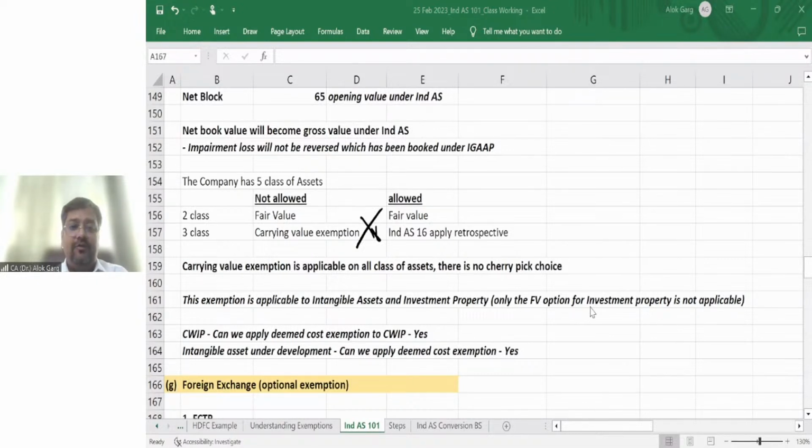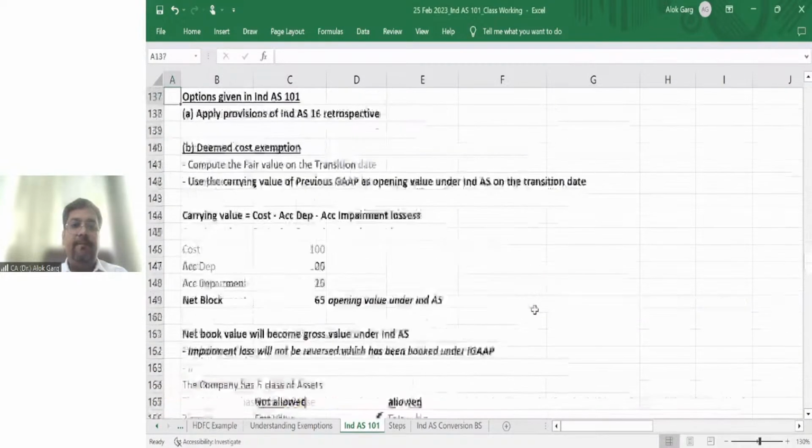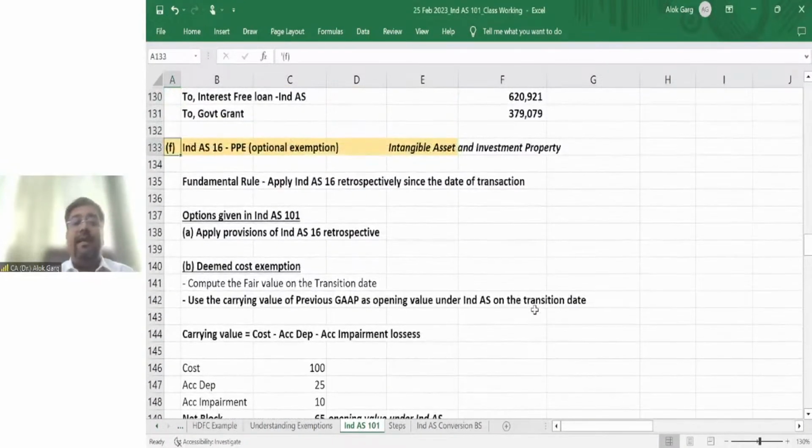Koshiki, what is not clear? Let me explain again. What options are given under Ind AS 101? If you cannot apply the retrospective requirement of Ind AS 16, you can apply the deemed cost exemption. What is the deemed cost exemption?